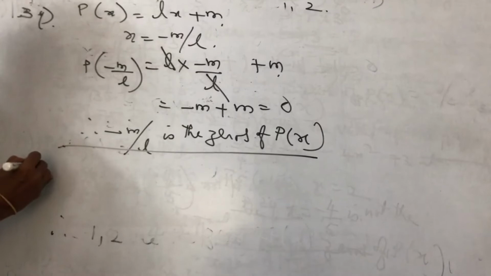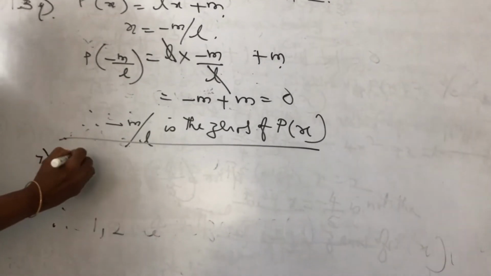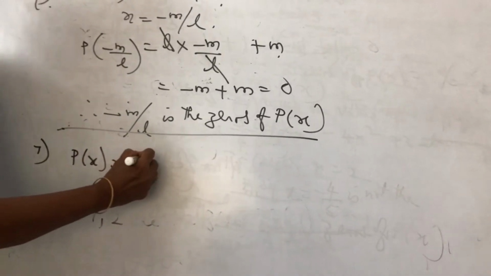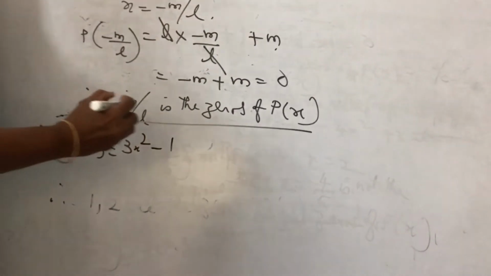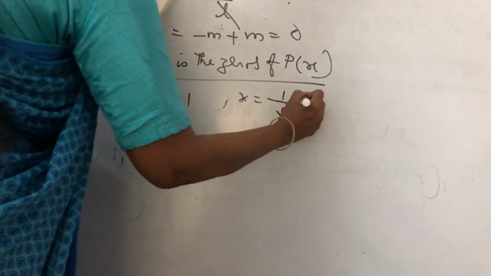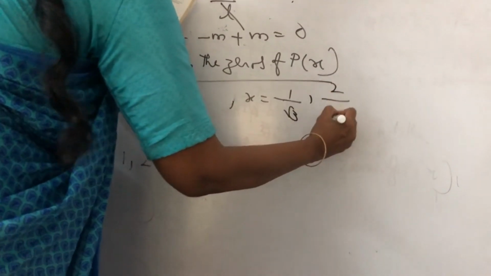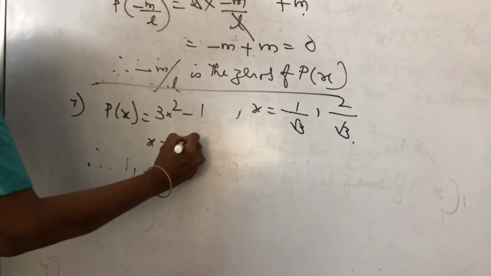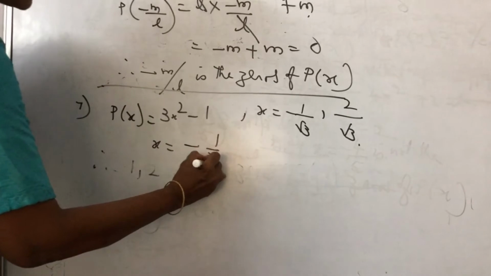Seventh bit. P of x is equal to 3x square minus 1 and x is equal to minus 1 by root 3 comma 2 by root 3. First value, girls, x is equal to minus 1 by root 3.